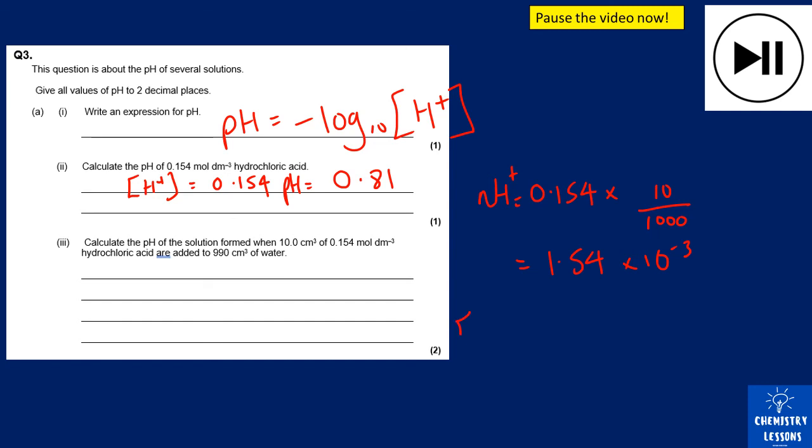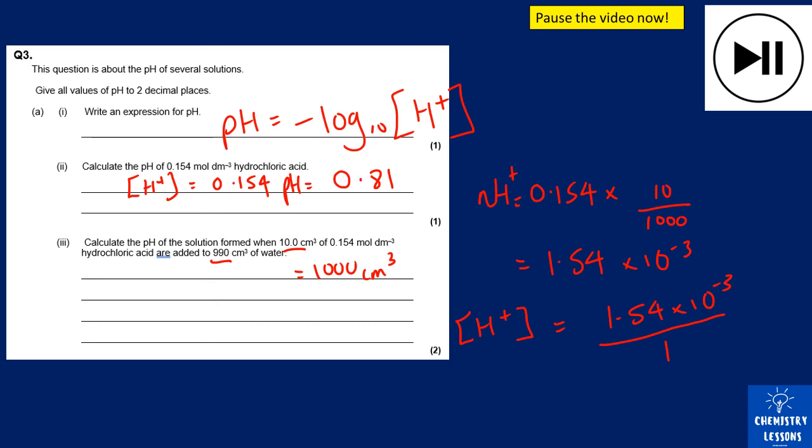Now we need to find the H plus concentration, which is going to be moles over volume. We've just worked out our moles. The volume is 1,000 centimeters cubed because it's 990 plus 10, which is 1,000 centimeters cubed, which is 1,000 over 1,000. It's 1 decimeter. So H plus concentration is just divided by 1.